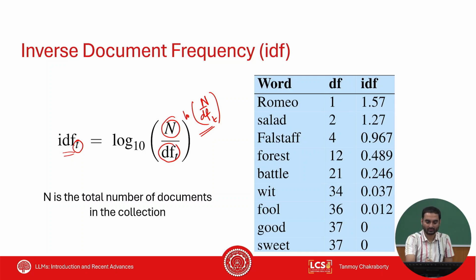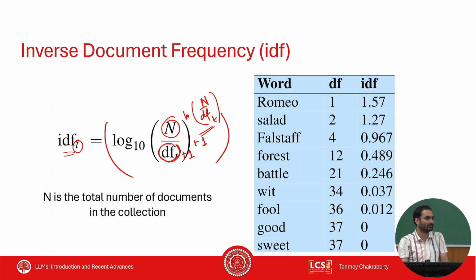Now this is the generic IDF formula, but as you can see, if DF is 0, then what would happen, right? So sometimes we also add 1 to the denominator.